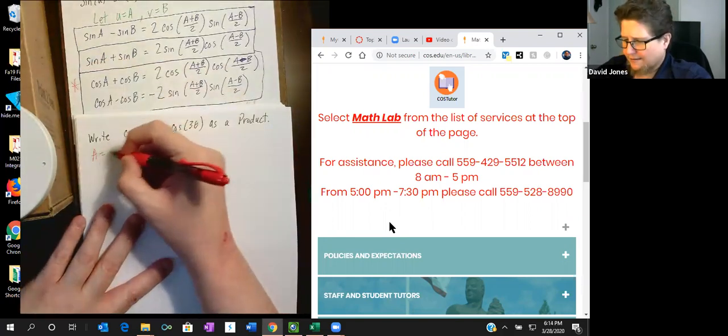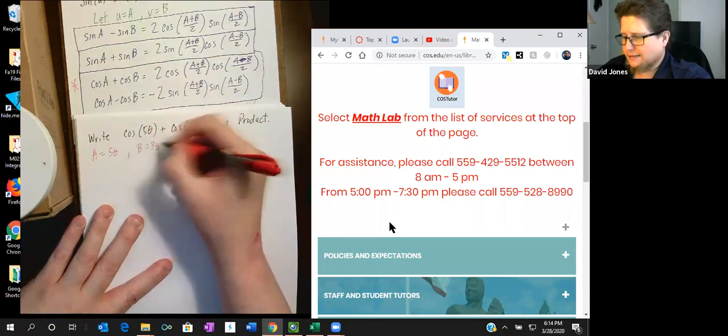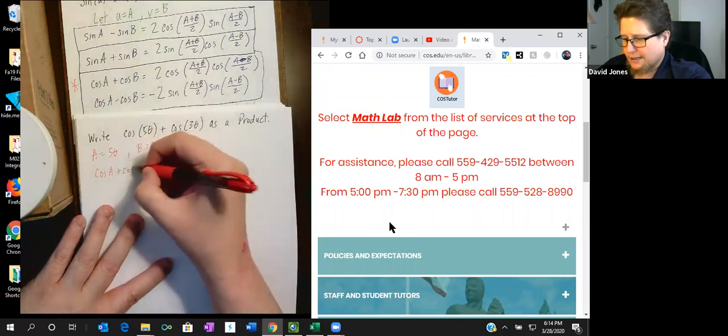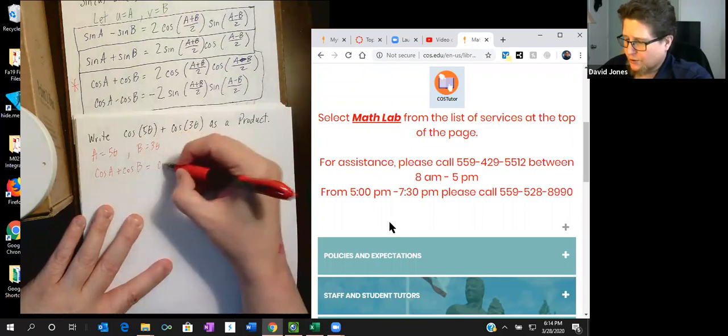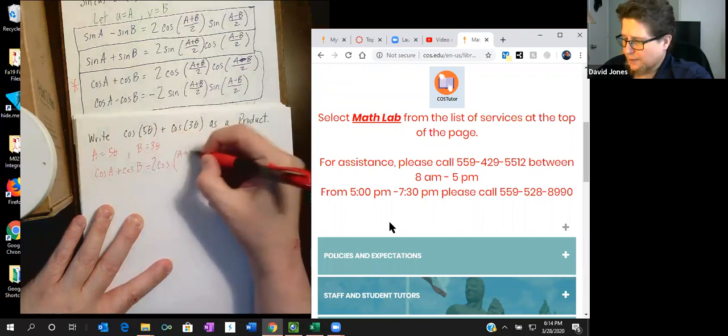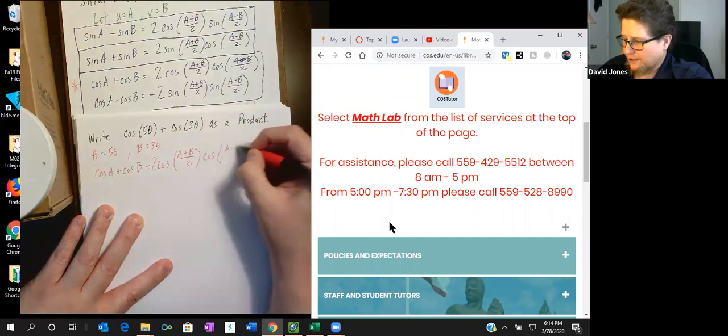A equals 5 theta, B equals 3 theta, and I've got cosine A plus cosine B equals 2 cosine of A plus B over 2 cosine of A minus B over 2.